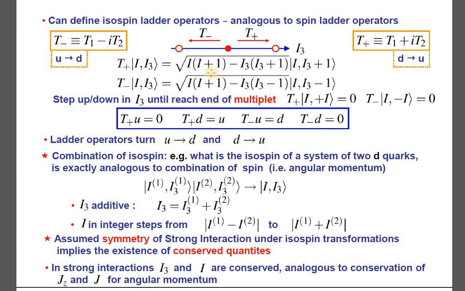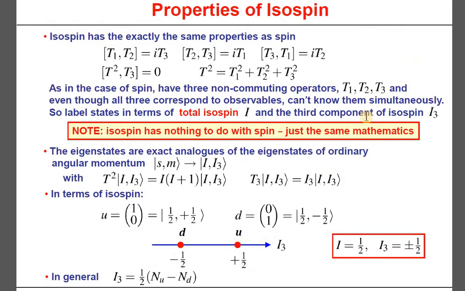Now, let us define the isospin ladder operators, which are quite analogous to the spin ladder operators, T plus and T minus. T minus converts u to d and T plus converts d to u. Why? Because d has I3 minus half and u has plus half. This is just an assignment; we start with this idea.